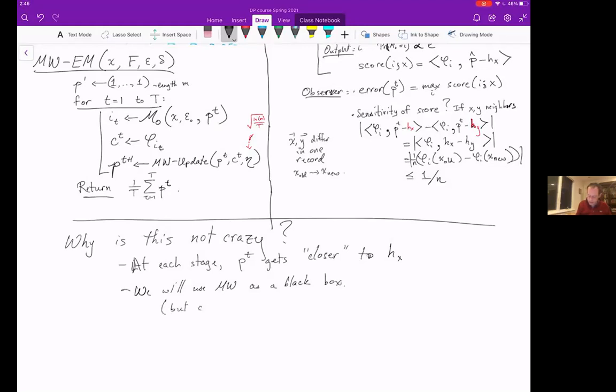Since I know some of you have seen that notion, I'll say that we can show that the Kullback-Leibler divergence between H and P decreases over the course of the algorithm. We're not going to do that directly, but that is what's going on.